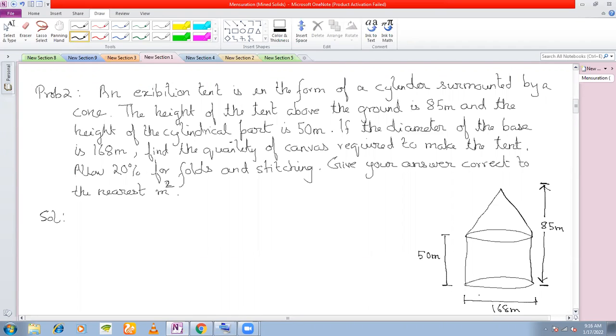Okay. So first of all, do we know the radius of the cylindrical part? Yes, we know. Do we know the height of the cylindrical part? Yes, we know. Do we know the height of the cone? It's not given directly, so we can calculate the height of the cone.